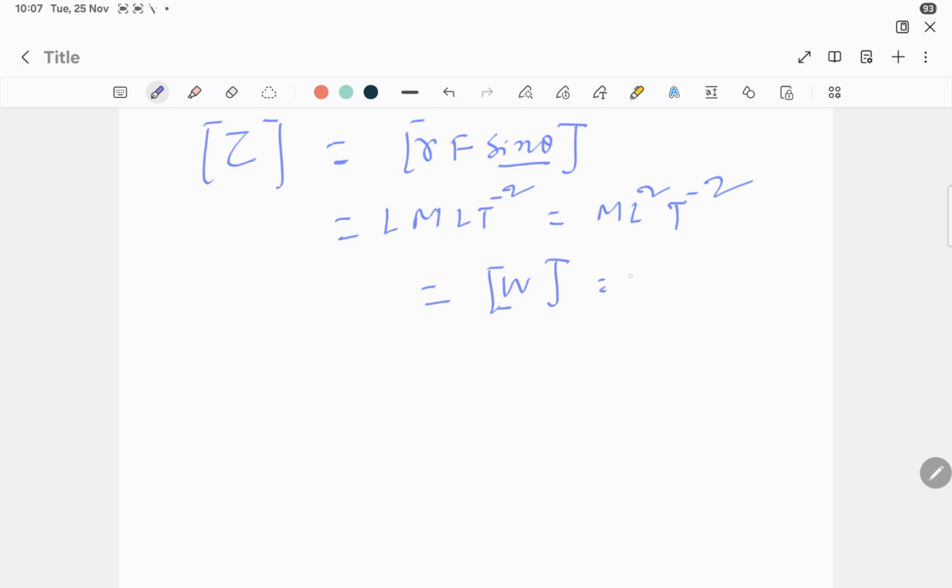Work or potential energy or kinetic energy or heat, anything. So they all have same dimensions.